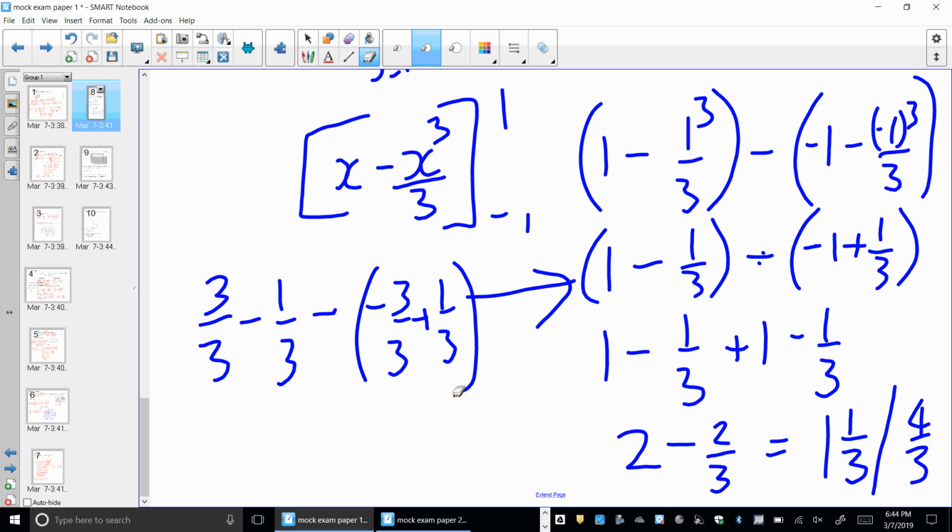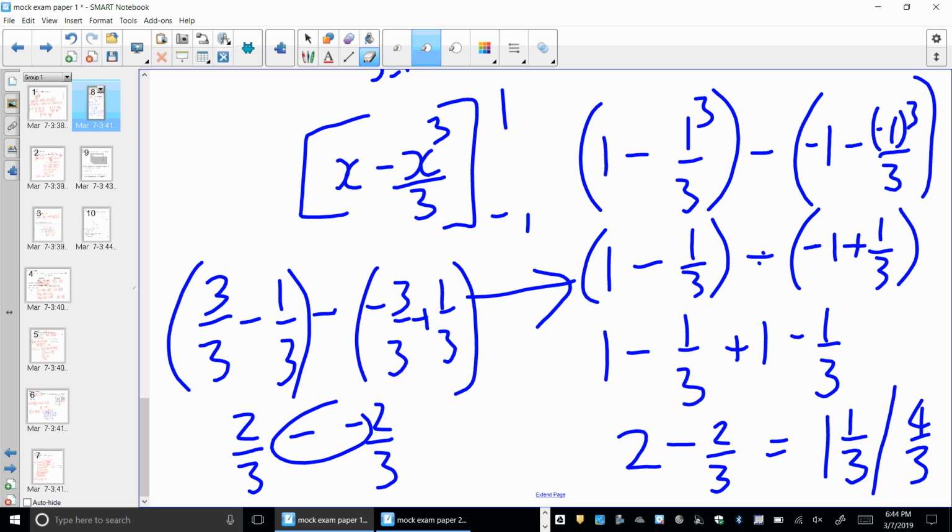You could work these two bits out separately: 3/3 take away 1/3 is 2/3, and negative 3/3 plus 1/3 is negative 2/3. Then this becomes plus, which gives you 4/3. There are lots of different ways of working these out. However you do it is your call.